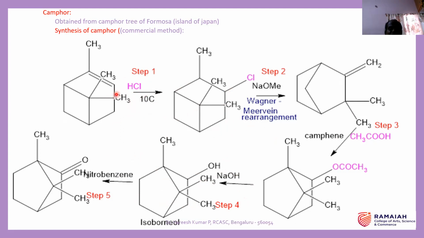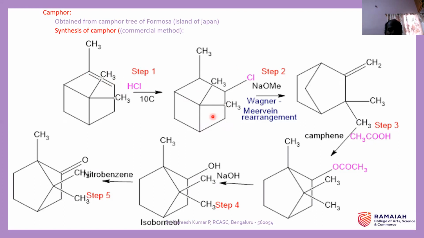So addition of HCl, it's an addition reaction. A proton will add to the more substituted carbon atom. This bond pair picks up the proton, and Cl minus will add to this carbon atom.